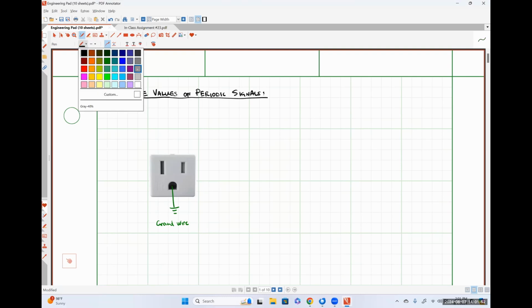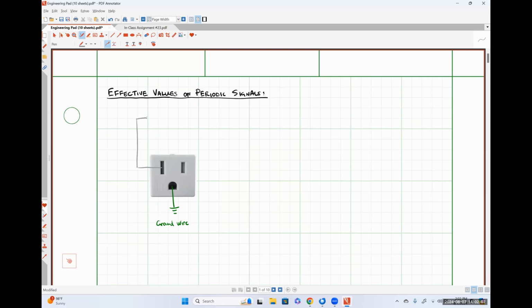I'm going to do this one in gray. It's typically attached to a white wire inside your walls. But this one over here is what's called the neutral wire. And then on the right hand side, we have what's commonly referred to as a hot wire.